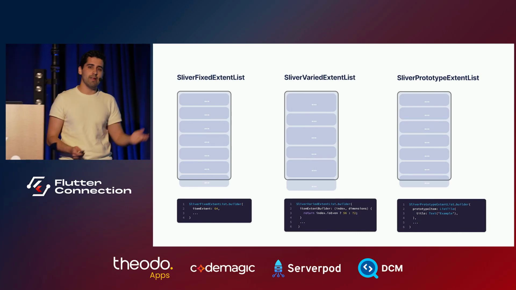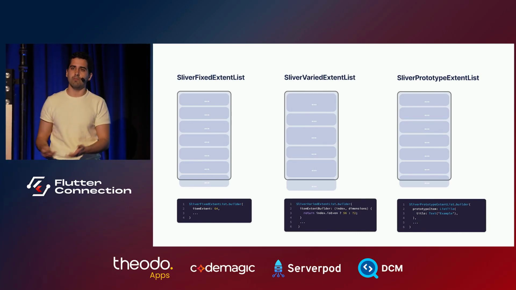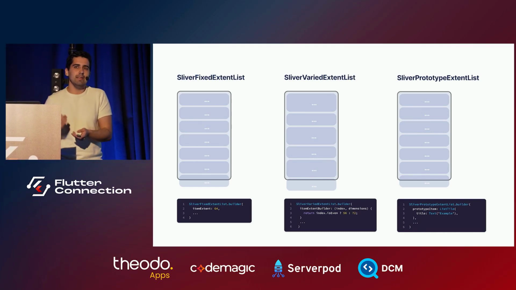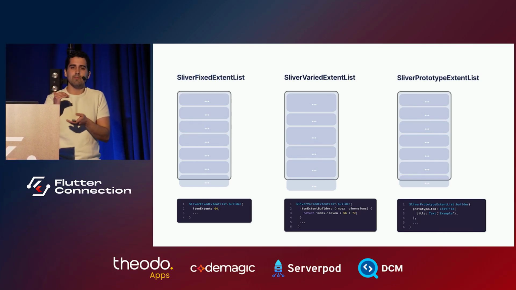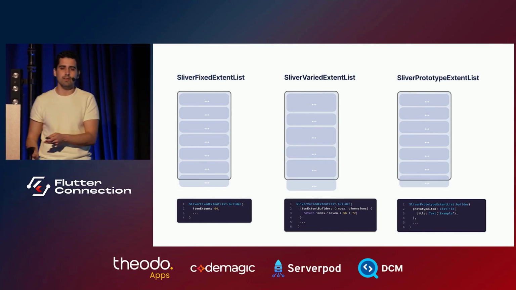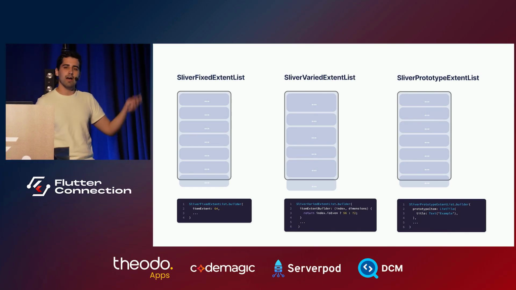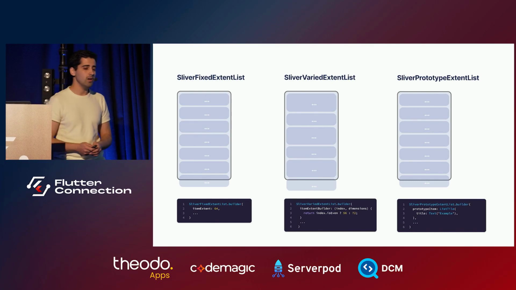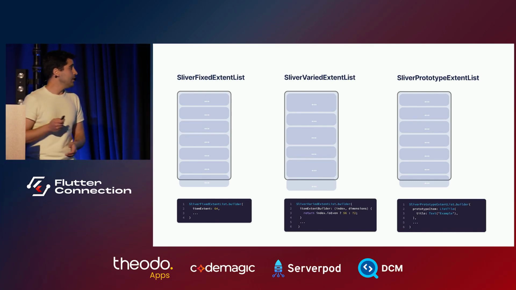This is very useful for real cases and scenarios. Say, for example, we have a number of items that are list styles. Usually the list style will vary its height depending on the text size. And we all know that for accessibility reasons, all users should be able to change the text size in settings. So with this, you can calculate and create, in a very optimized way, list styles for custom scroll views.